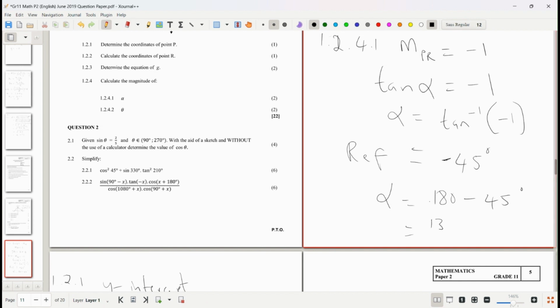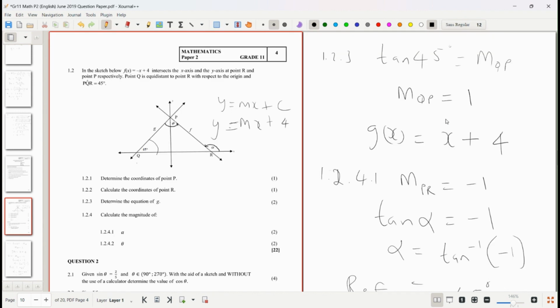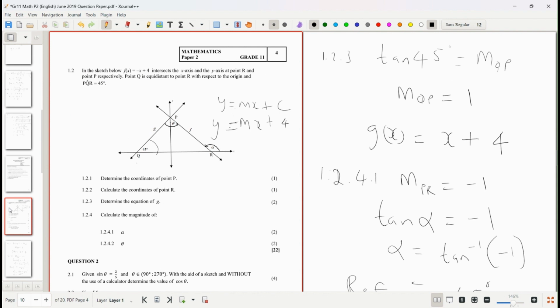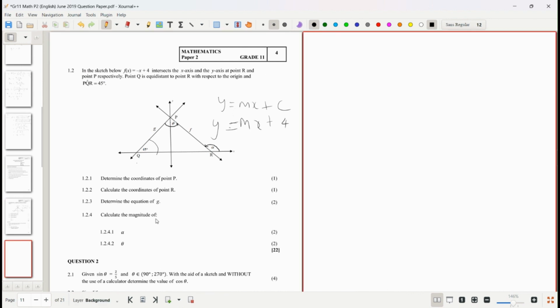So 135 degrees, right? So that's your alpha, okay? And then your theta, how do you find your theta? Where is your theta? Your theta, it's here, right?